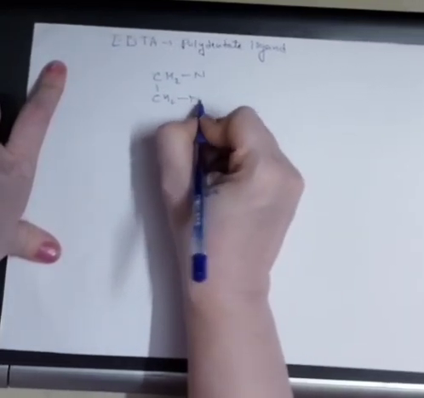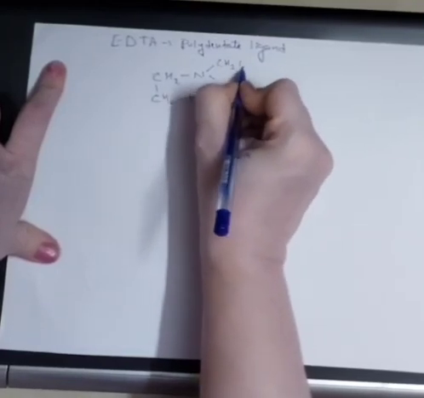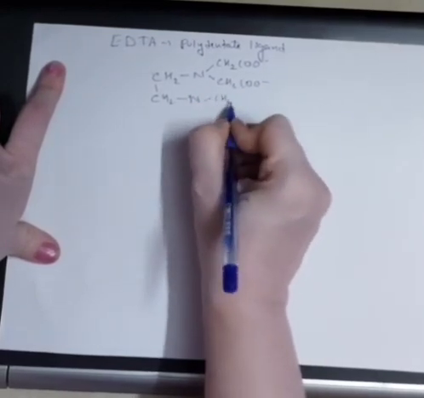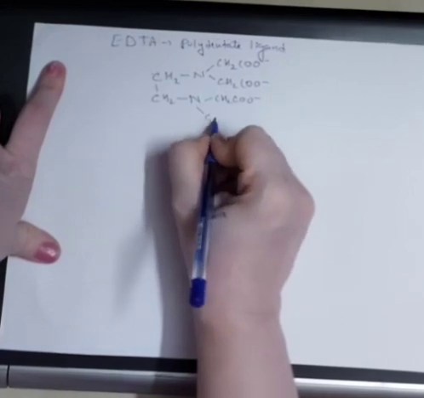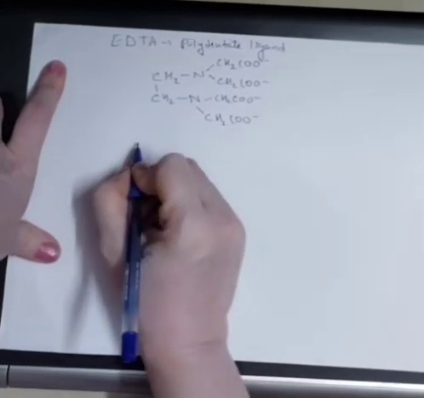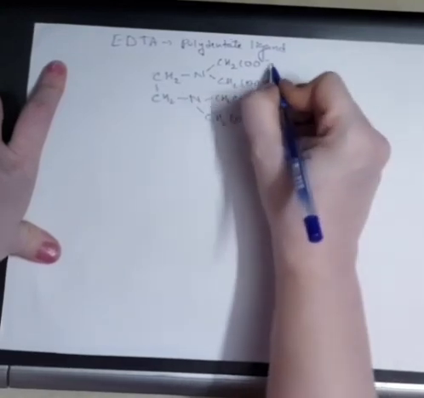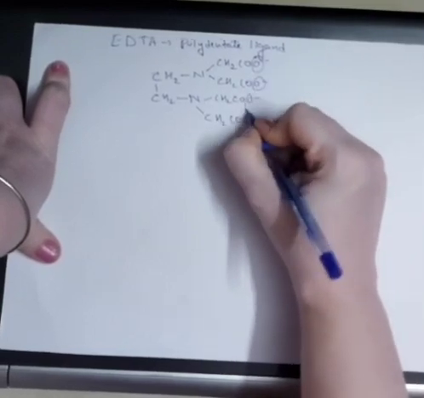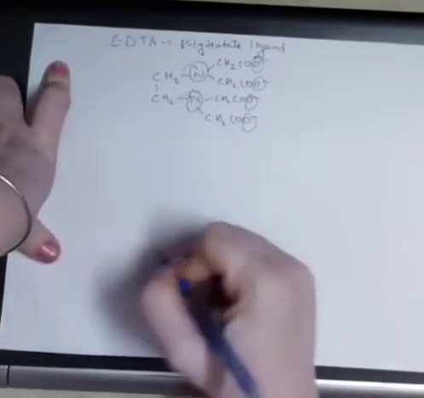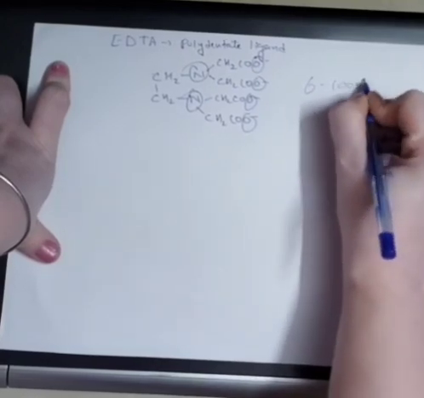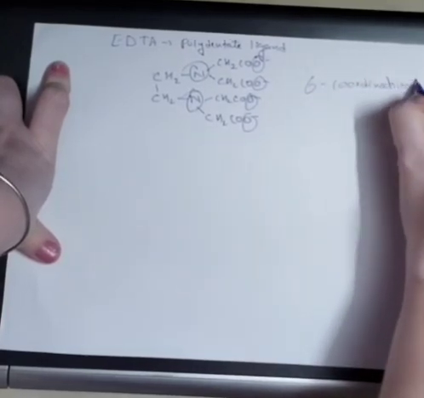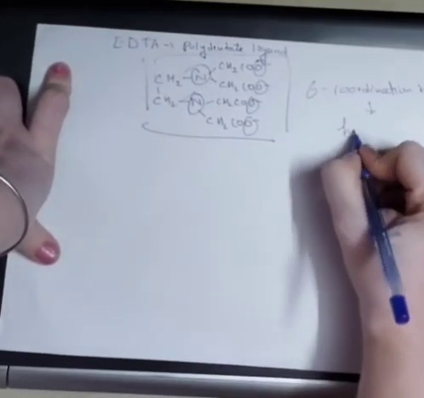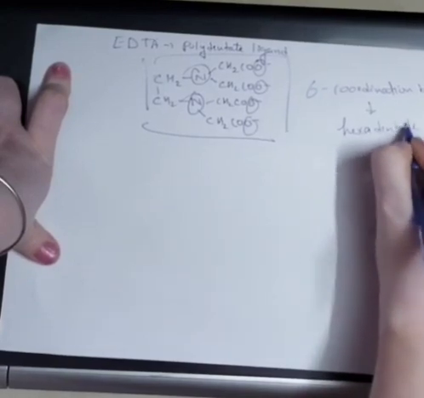So the 2 hydrogens, if you replace them with acetate ion, CH2COO negative, same way here and here. So if you look at how many coordination bonds it is going to form, 4 oxygens are there and 2 nitrogens. So overall 6 coordination bonds are formed by this single molecule. So that means it is hexadentate, right?